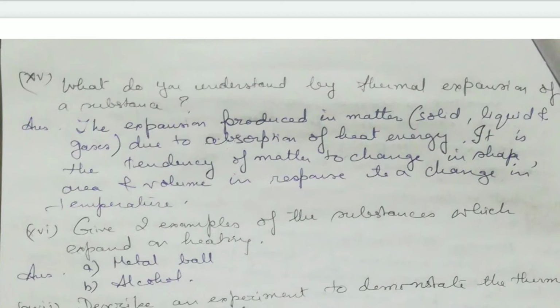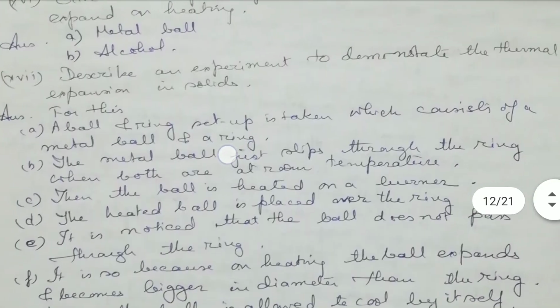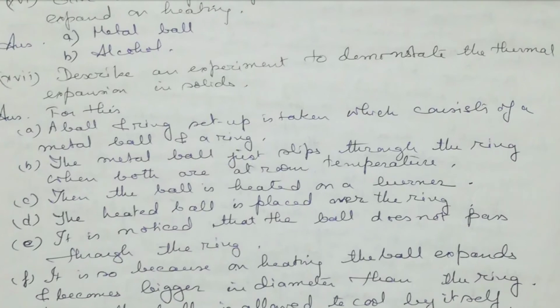It is a tendency of matter to change its shape, area and volume in response to the change in temperature. With a rise in temperature, their shape, area and volume increase, and with a fall in temperature, they reduce. Give two examples of substances which expand on heating: metal ball, alcohol.